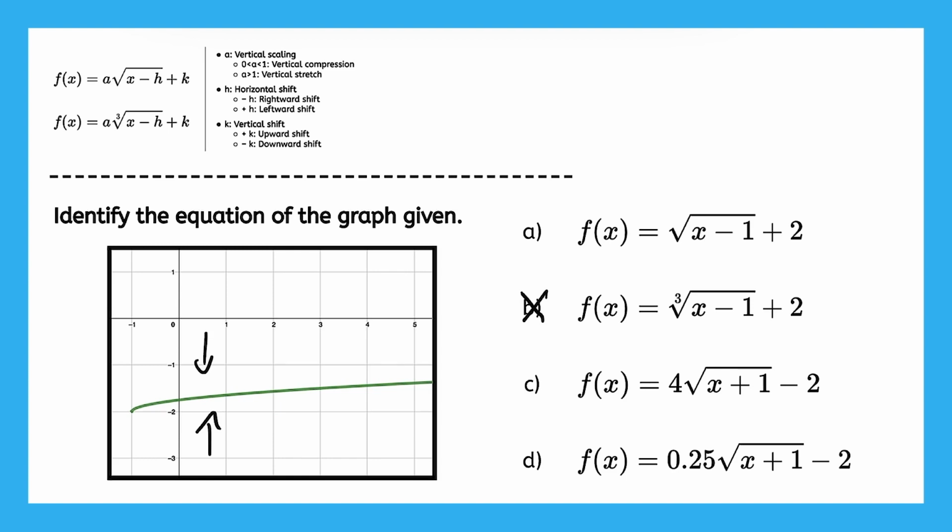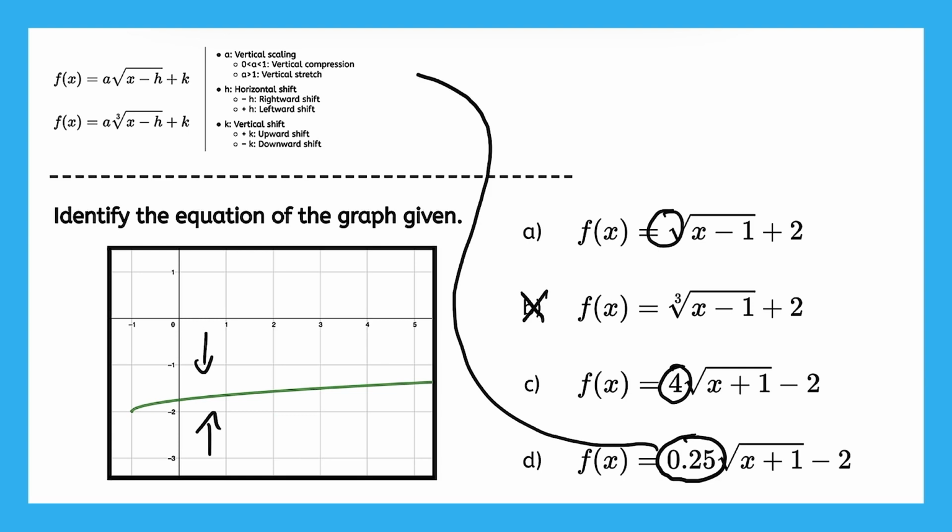Just 1, right? We can see that there's nothing in front of that square root. What is the value of A in option C? 4. So A and C do not look like the correct options because we need an A that is between 0 and 1. And you can see that option D has 0.25 for A. So that 0.25 for A clearly shows us that option D is the only one that indicates a vertical compression.